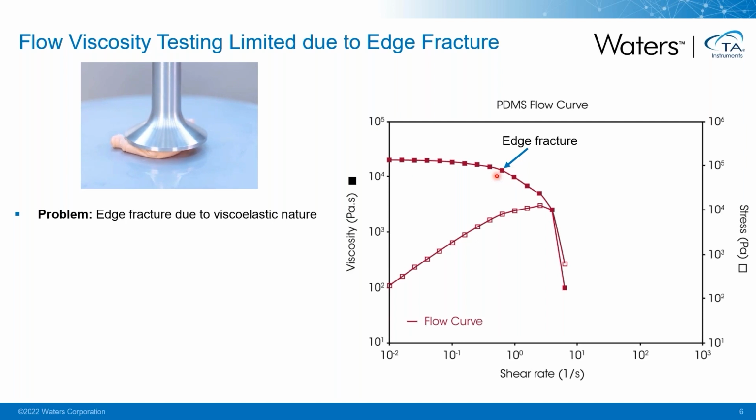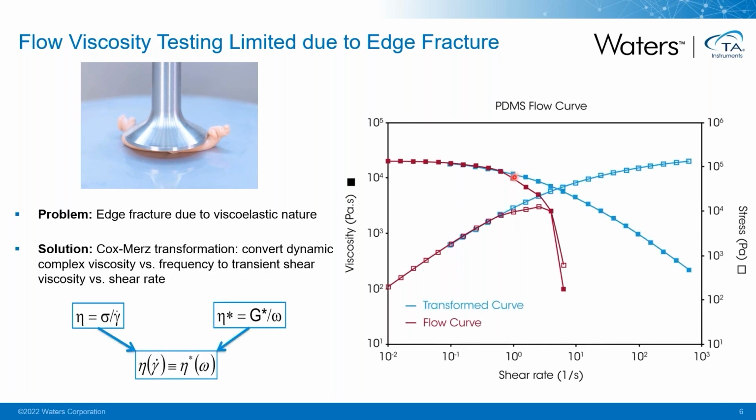This edge fracture phenomenon is caused by the viscoelastic nature of the material. Therefore, most of the reported polymer melt viscosities in rheological measurements are actually obtained from a dynamic frequency sweep test, and then going through a Cox-Merz transformation.